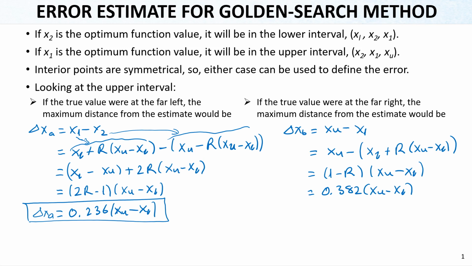So this case represents the maximum error, and this result can then be normalized to the optimal value for the iteration. The optimal value can be defined as xopt, and we can have an approximated error. The error approximation is (1 minus r) times (xu minus xl) divided by xopt, times 100%.